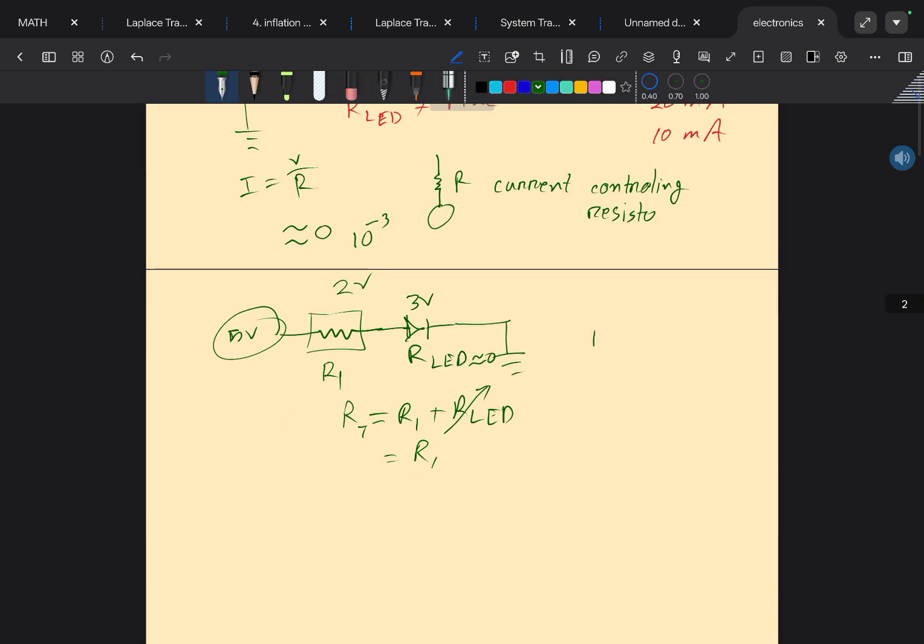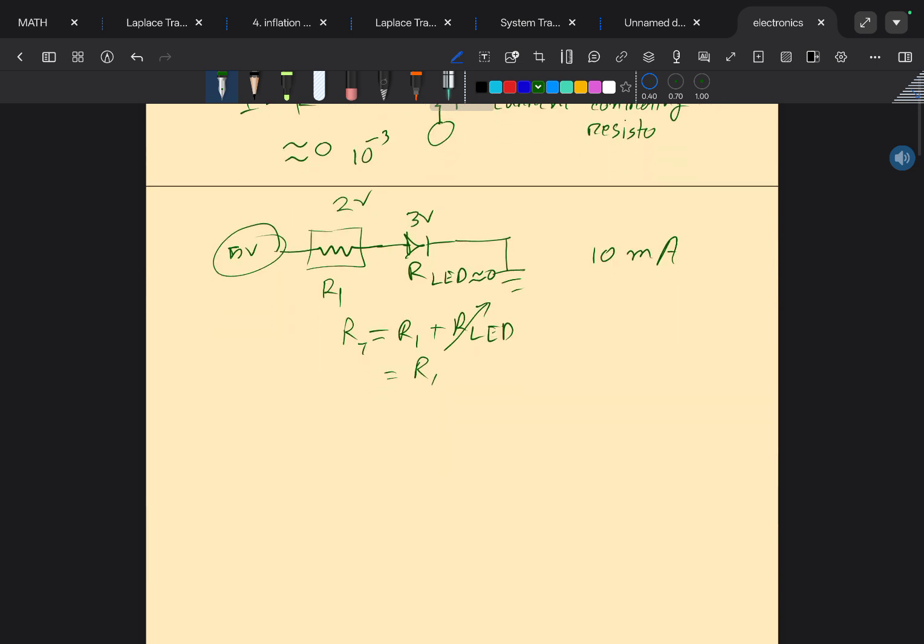Suppose we want 10 milliampere current to flow here. We can use I equals V by R: 10 times 10 to the minus 3 for the milli portion, and the V here is 2 volt, and we have to calculate the R.